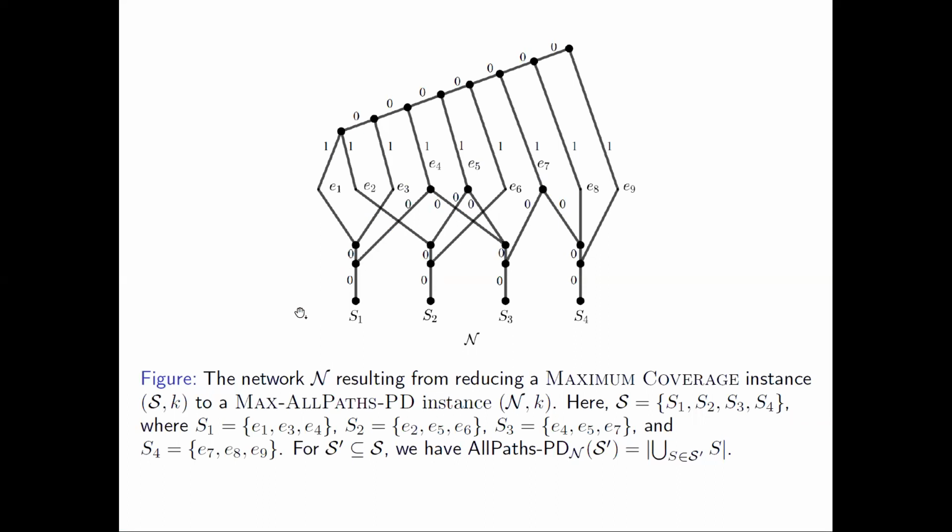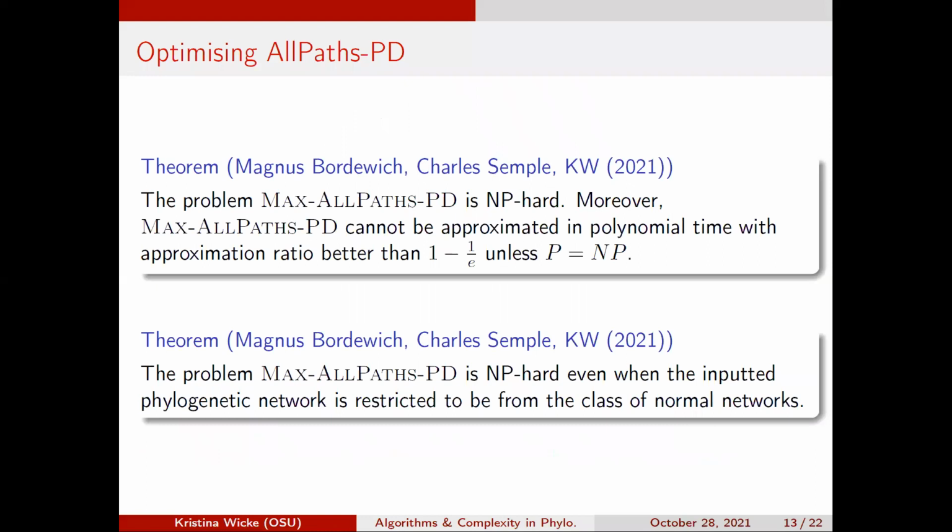But we can make it normal by attaching additional leaves on zero-length edges. So by slightly tweaking the construction, we could show that we can still reduce from maximum coverage. And so the problem is still hard, even if the network is normal. Okay, so that's the bad news. It's hard when it's normal.